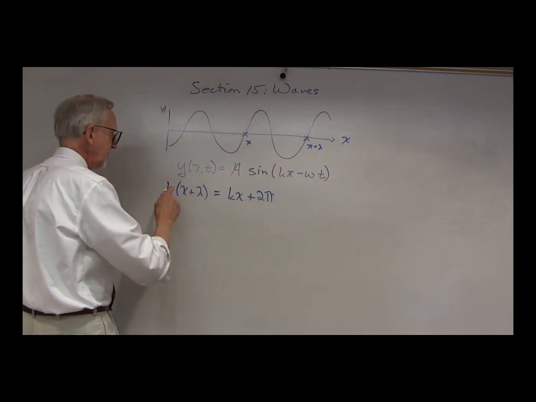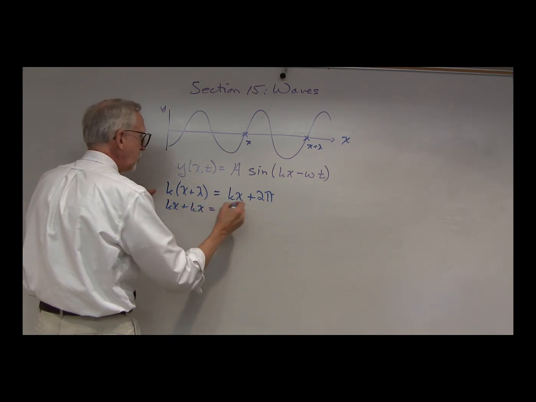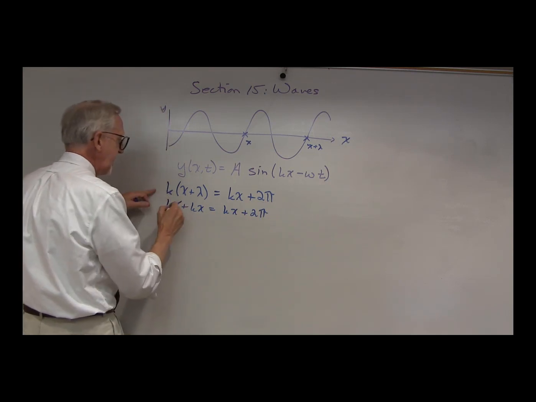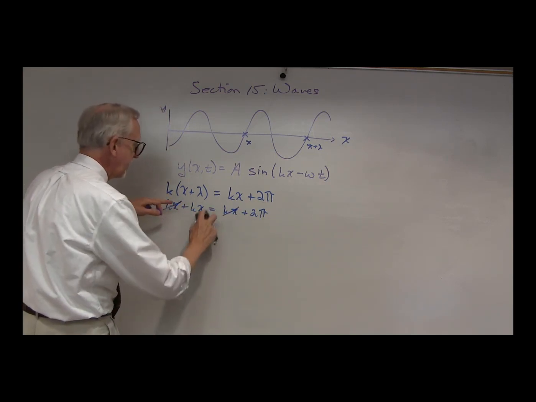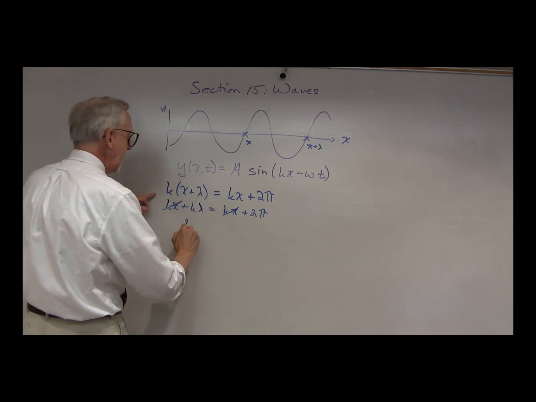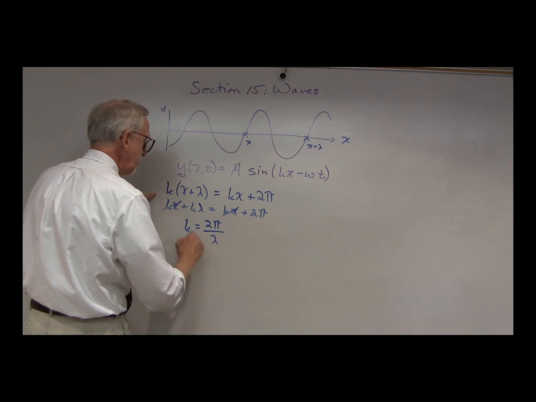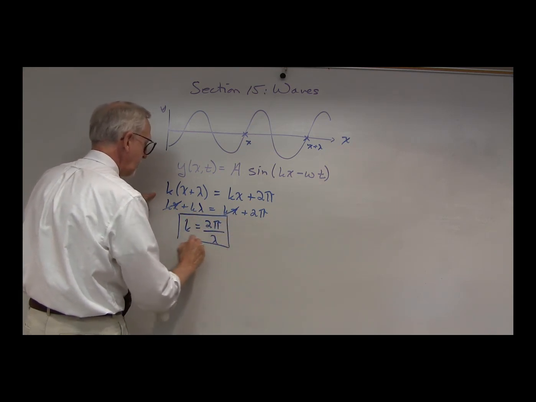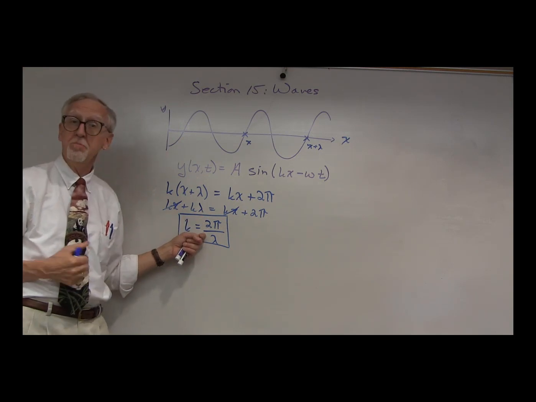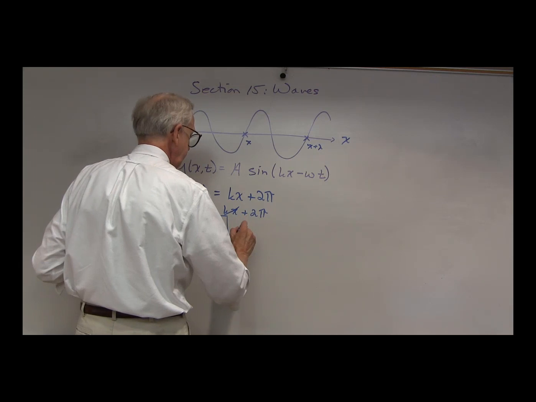Well, what does that mean then? We've got kx plus k lambda equals kx plus 2 pi. The kx's cancel. So that k is equal to 2 pi over lambda, which tells us the change in phase per meter of the wave. This is called the wave number.